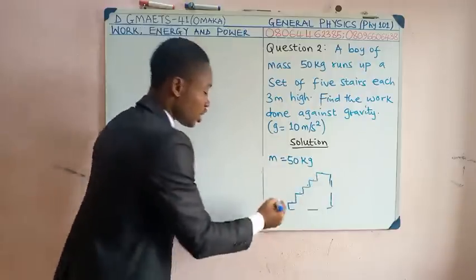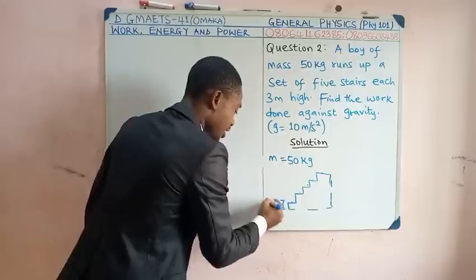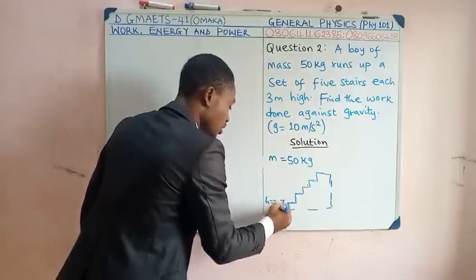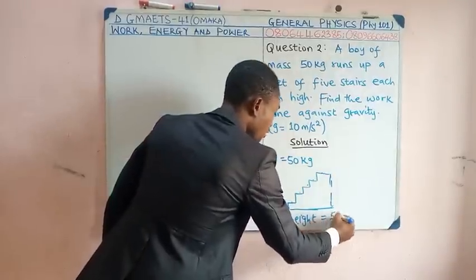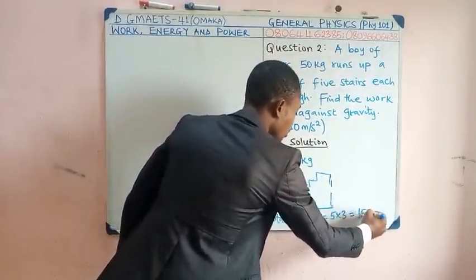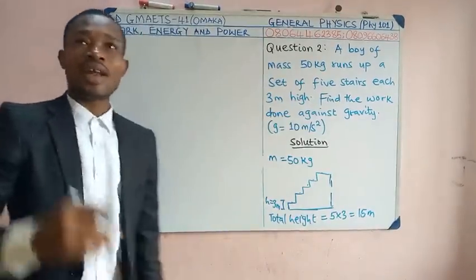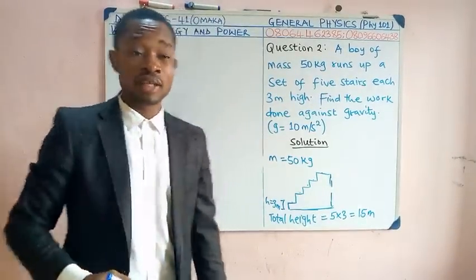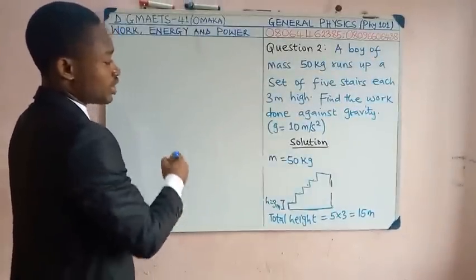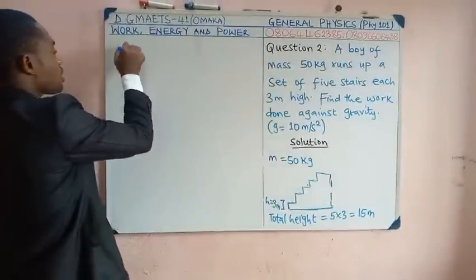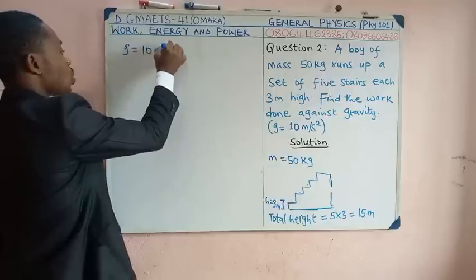So if each of the stairs has a height of 3 meters, the total height will be equal to 5 times 3, which is 15 meters. So the boy actually climbed a staircase of height 15 meters. Alright, the mass of the boy is 50 kg. Now we're given acceleration due to gravity to be 10 meters per square second.